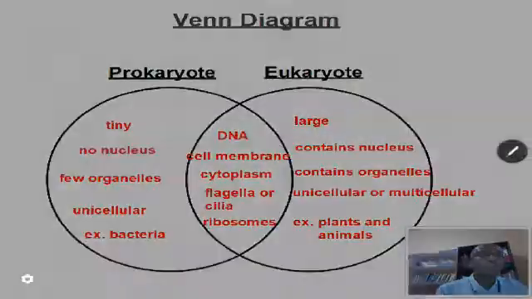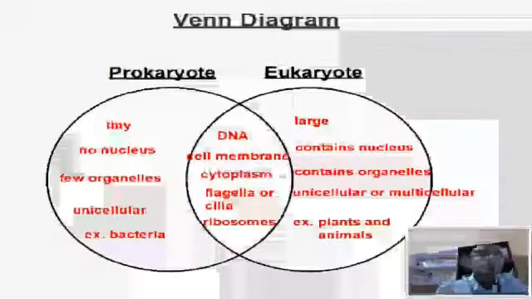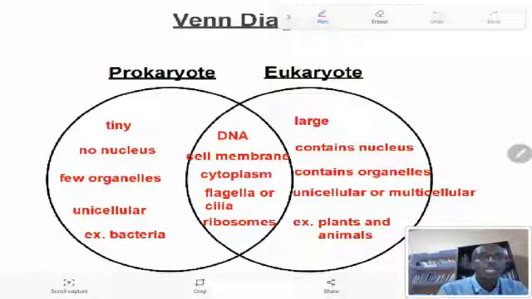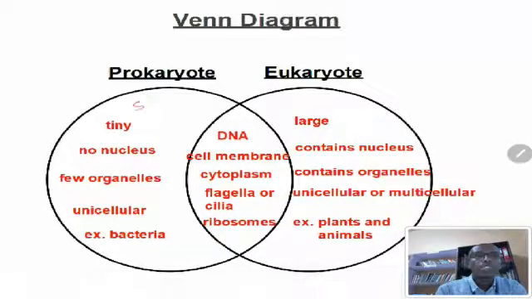Finally, if we compare the prokaryotic cells and eukaryotic cells by using a Venn diagram, here are the similarities and differences. The prokaryotic cells are very small, tiny, and eukaryotic cells are very large.